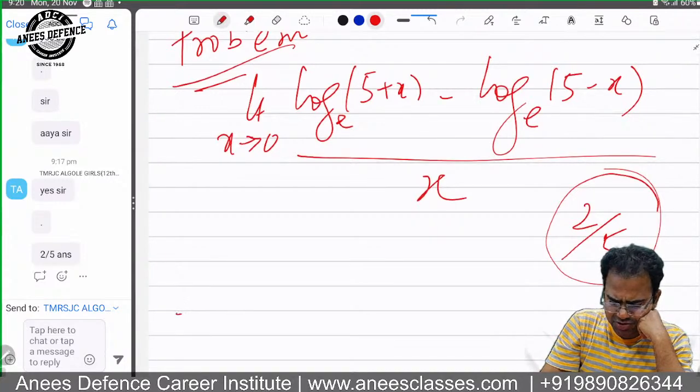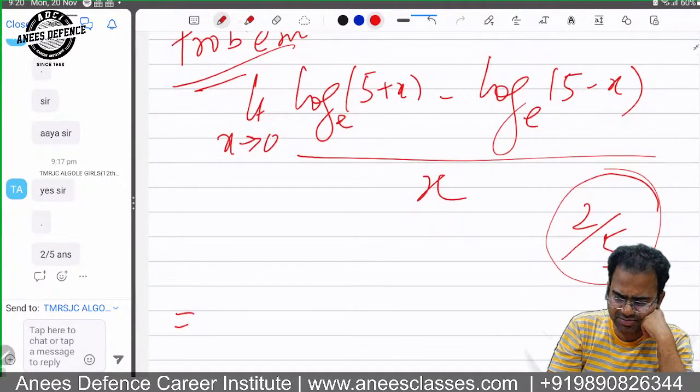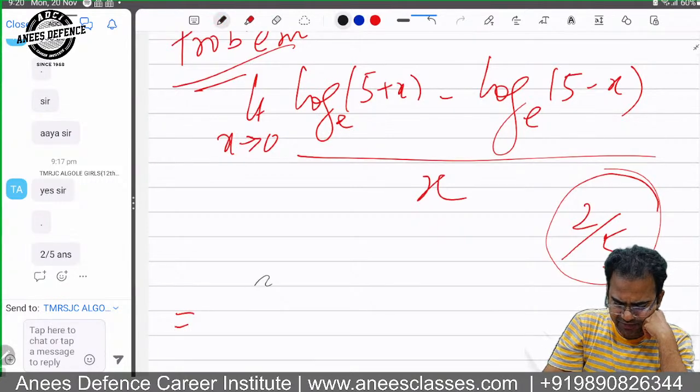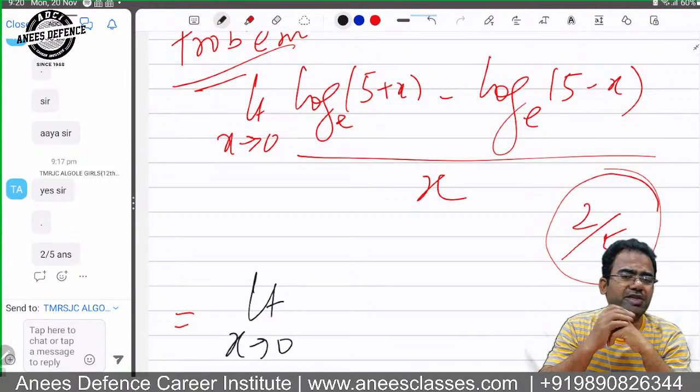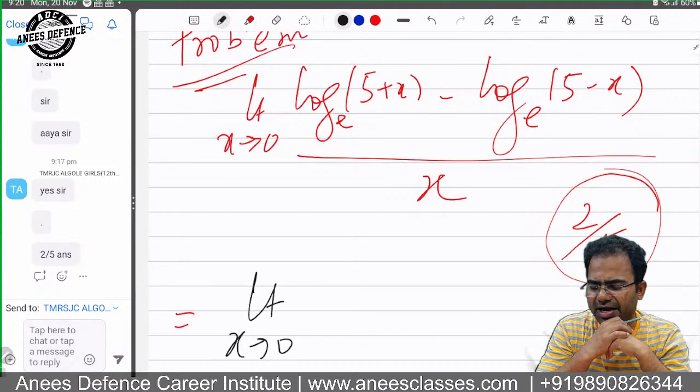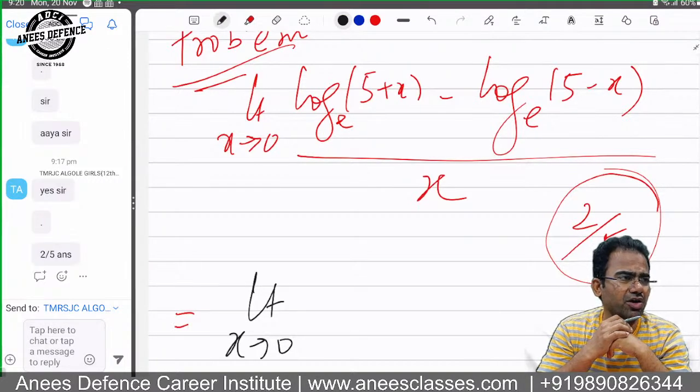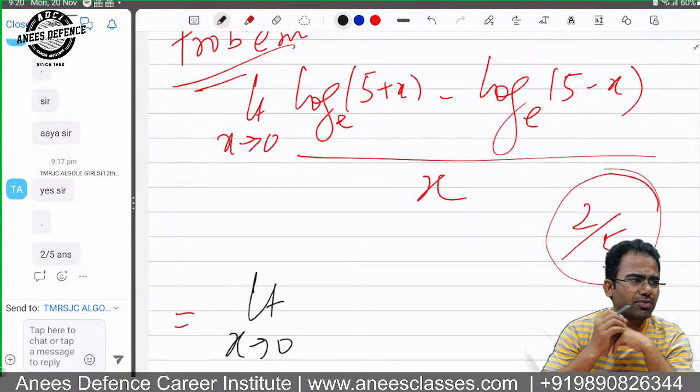That's a very small question, nothing difficult in it. If you put 0 in place of x, we get log 5 minus log 5, that is 0 in the numerator, and 0 in the denominator, that means 0 by 0. So we can use L'Hopital law.